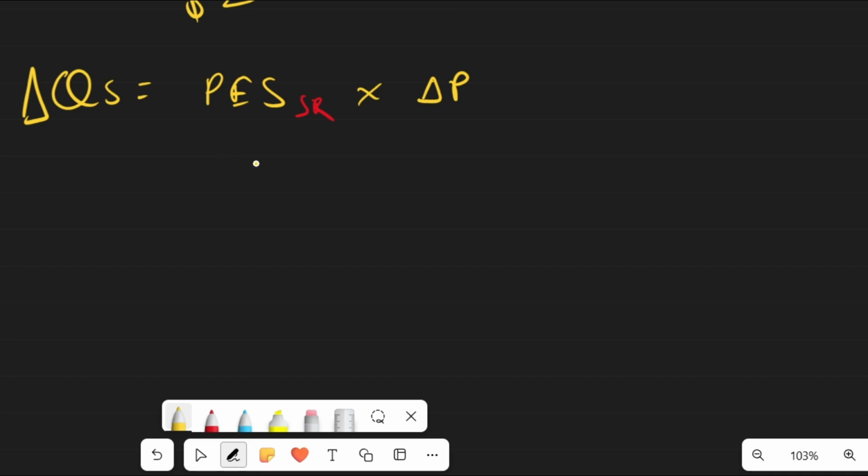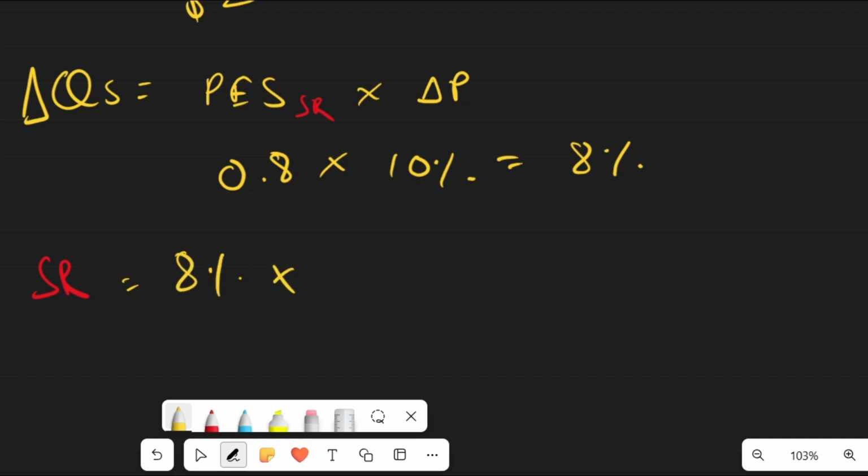We will input our value, 0.8 in the short run, multiplied by 10, or you can say 10%. This will give us an answer of 8%. Hence in our short run, our supply changed by 8% multiplied by the initial 1 lakh, which will give us 8,000. So in our short run there was an increase of 8,000 units.